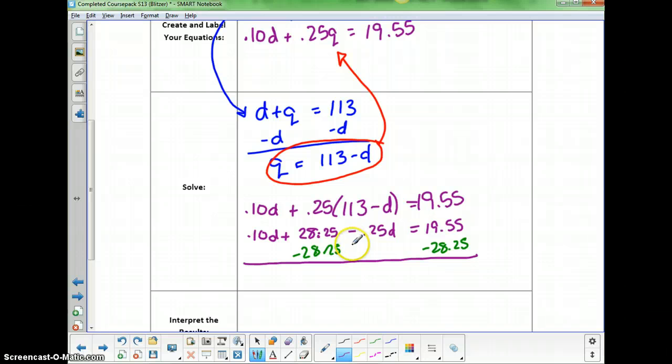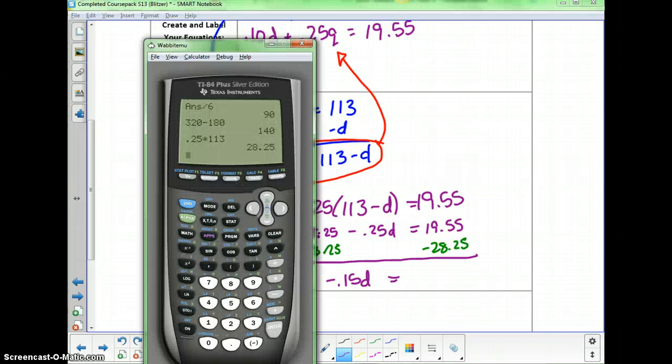0.10d minus 0.25d is negative 0.15d equals, and here we have our 19.55 minus the 28.25, which is negative 8.7.